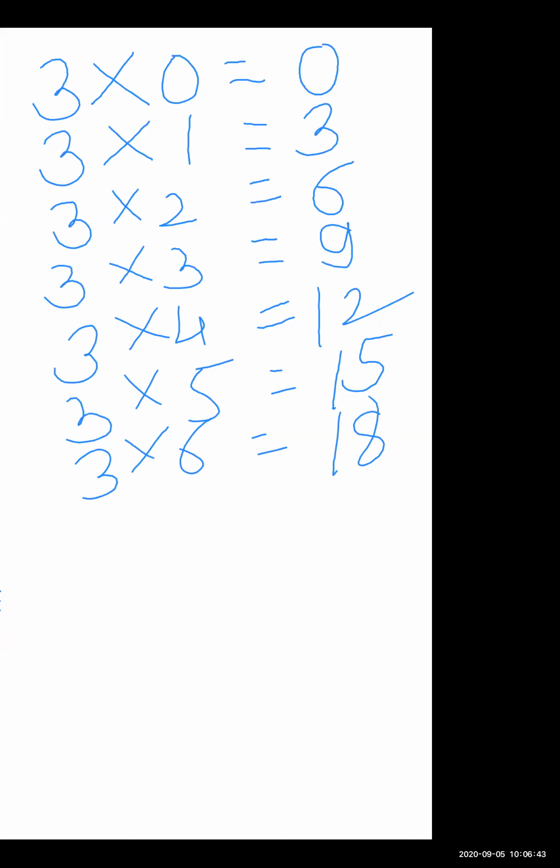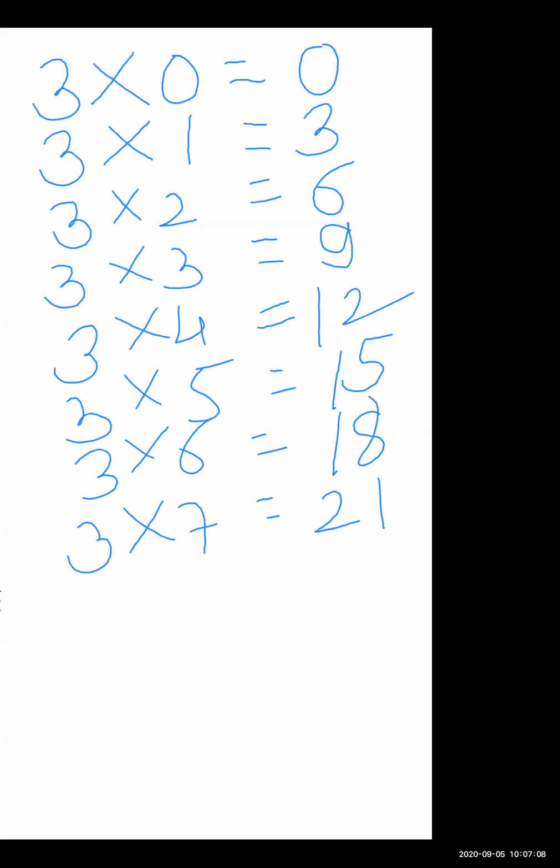Okay, then 3 multiplied by 7, that means 3 7 times. If you add 3 7 times, you will get the answer 21. 3 sevens are 21.